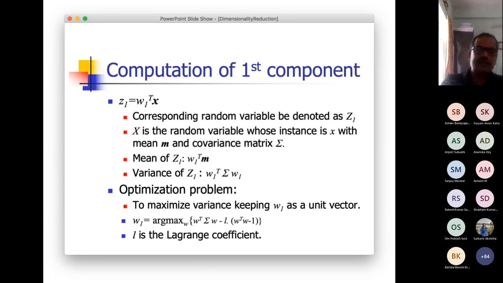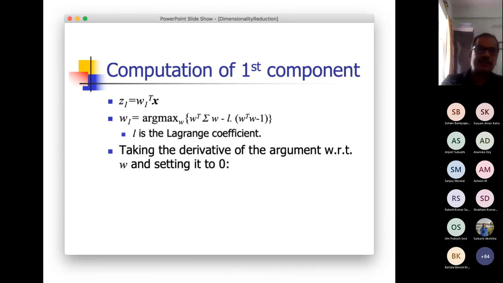So I have to differentiate with respect to both W and the Lagrangian coefficient lambda, which will give you the constraint W transpose W equal to 1. With respect to W, the derivative can be shown in this form.